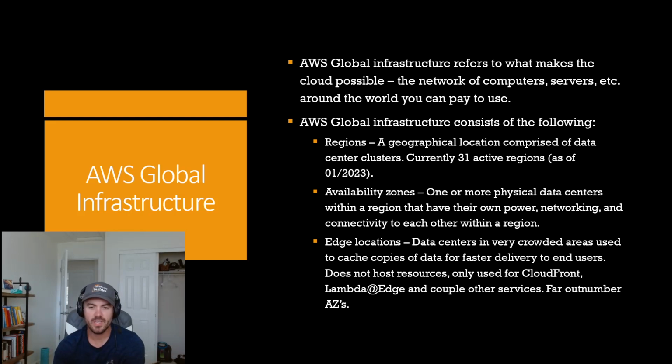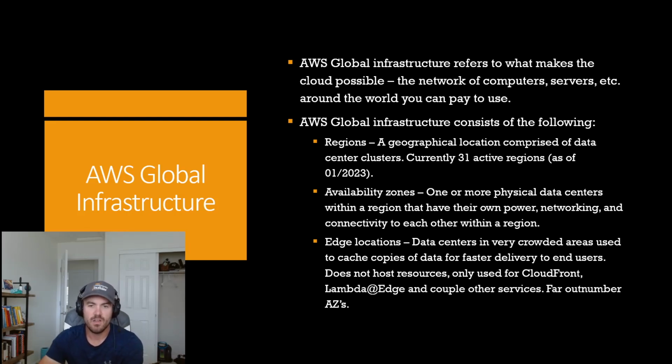This is only used for things like CloudFront, Lambda Edge, a couple other services, but essentially they far outnumber the amount of availability zones. And basically AWS just goes to data centers in crowded areas and says, hey, we want to use this data center for some of our capacity. And they say yes, because you'd be out of your mind to not want to work with AWS if you own a data center, okay? Or any provider like that, Azure, whatever.